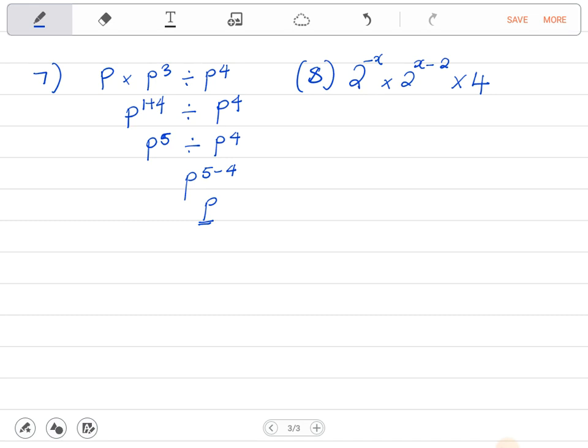So we can say this is the same as 2 to the power negative x multiplied by 2 to the power x minus 2 multiplied by 2 to the power 2. Now we have the same bases, so we are going to add the powers. So we have negative x plus x minus 2 plus 2, which will give us what? This and this gone, that and that gone. So 2 to the power 0. Any number to the power 0 is 1, except 0 itself.